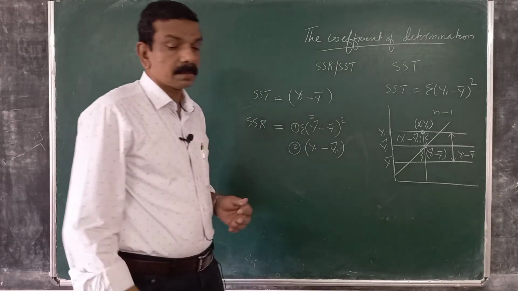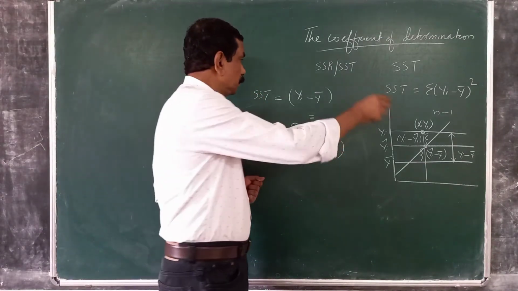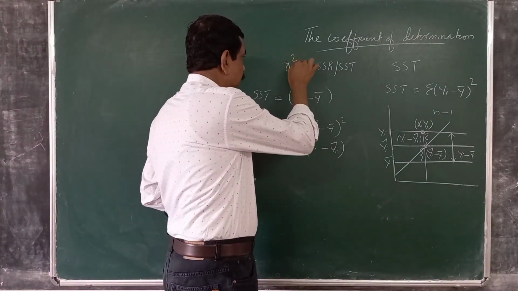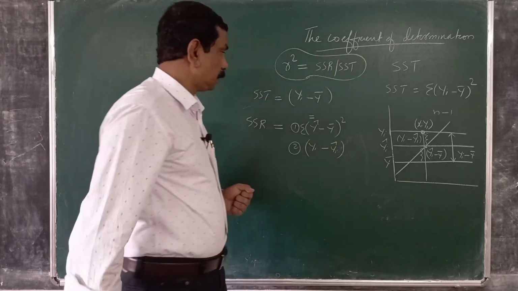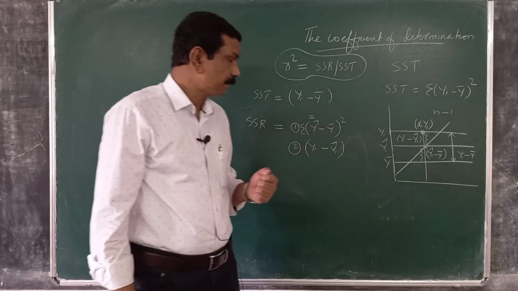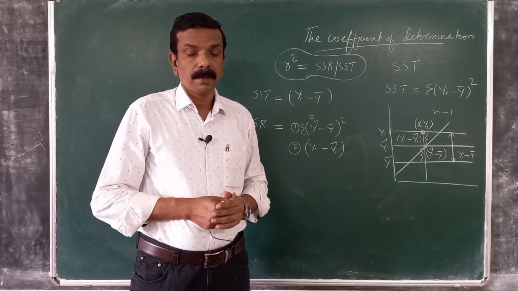This quantity is known as the coefficient of determination. So, R square is the coefficient of determination, SSR by SST.